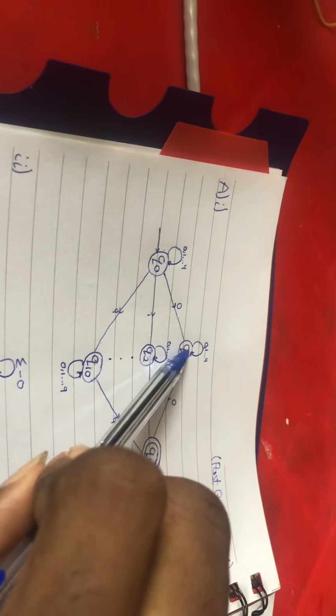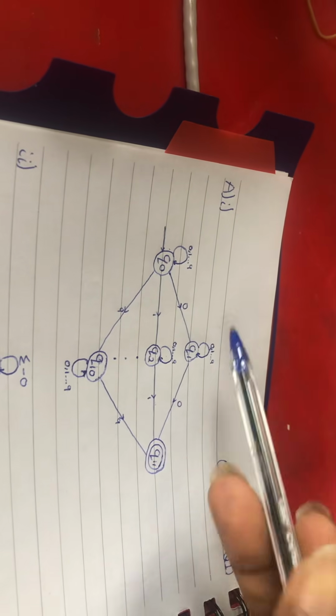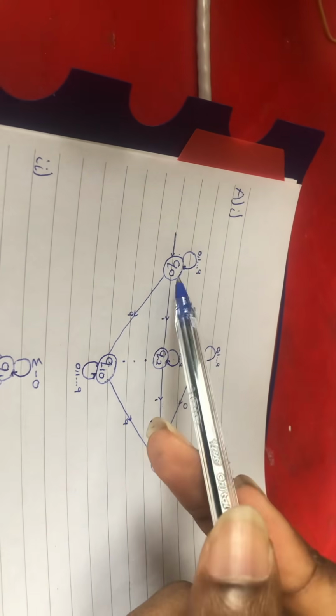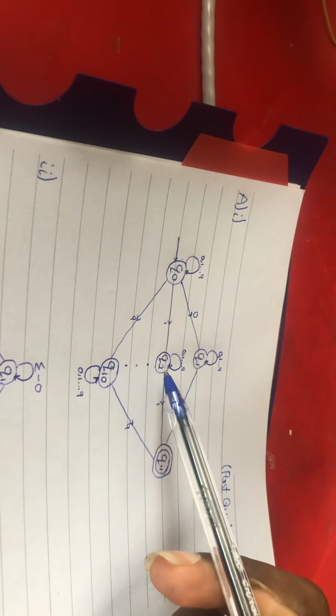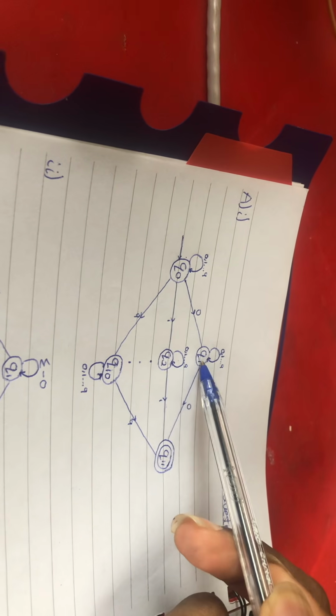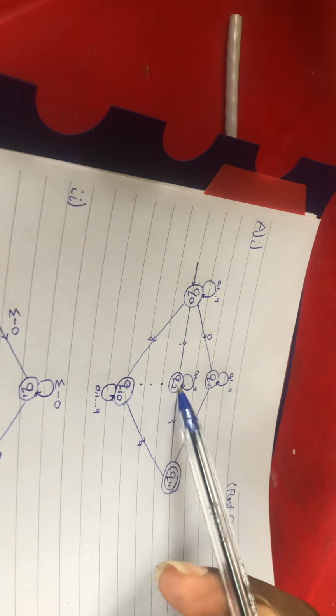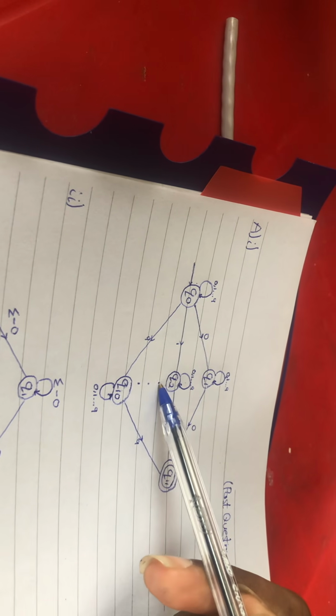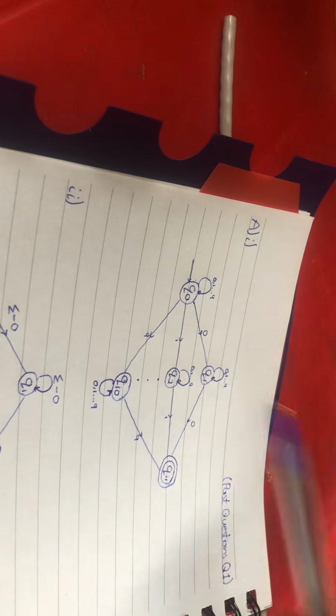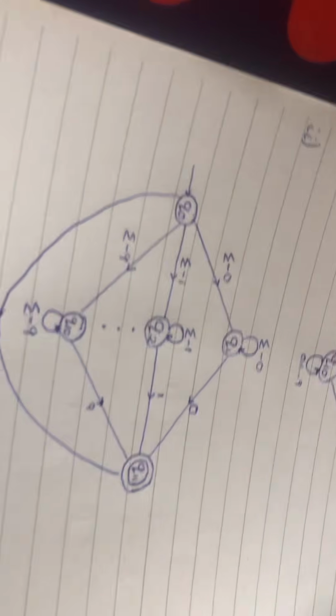Now when it sees 0 again, it's accepted because the final one should be a 0. So that's the design of this. Between the sides I use Q1, Q2, and here I put Q10 because we can have Q3, Q4, Q5 up to 10. So that's for the first one.